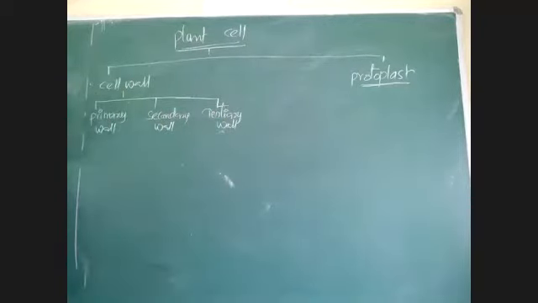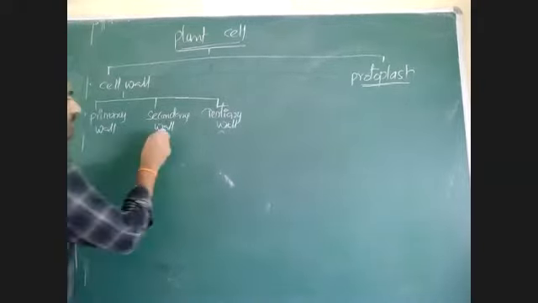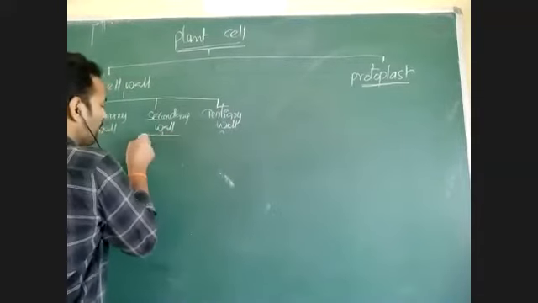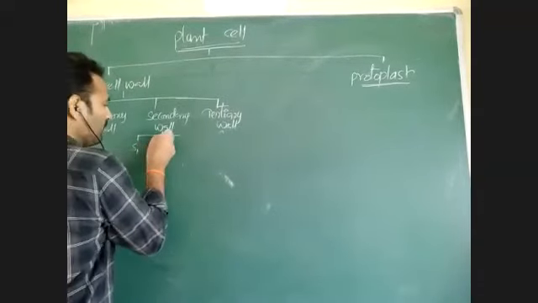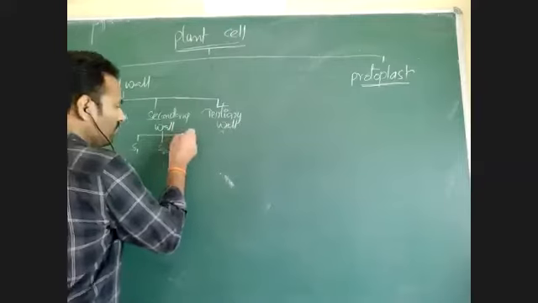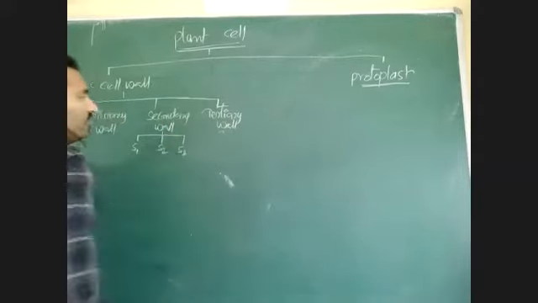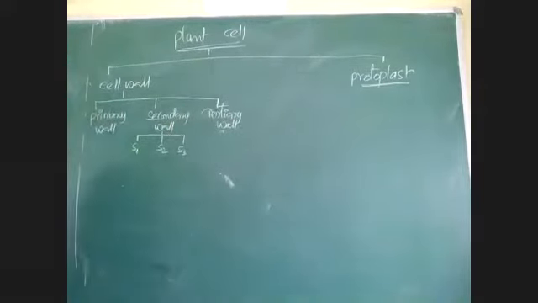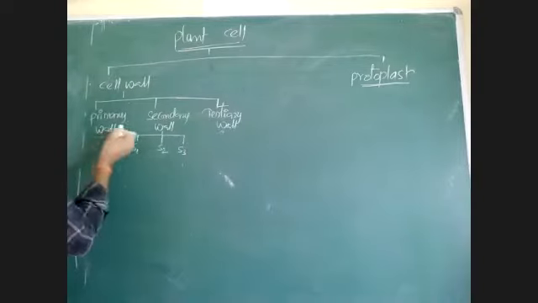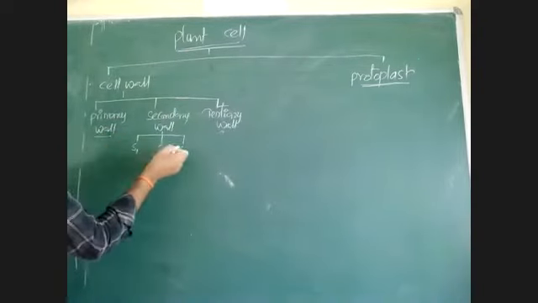The secondary wall is again divided into three layers: S1, S2, S3. So the cell wall has 5 layers of chemical substances: primary wall, S1, S2, S3, tertiary wall.